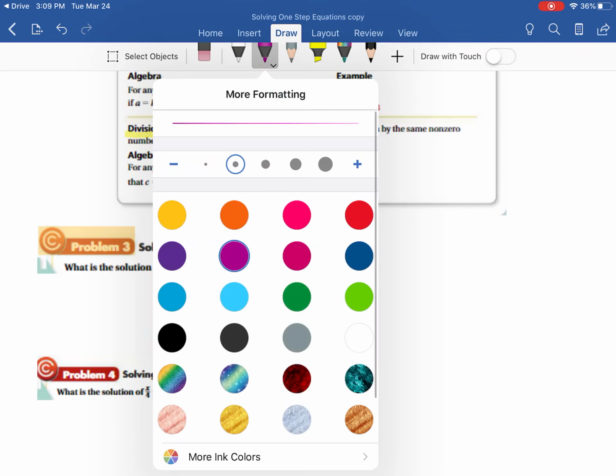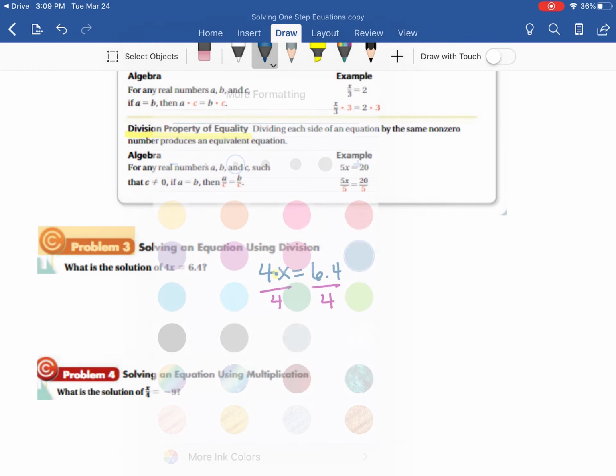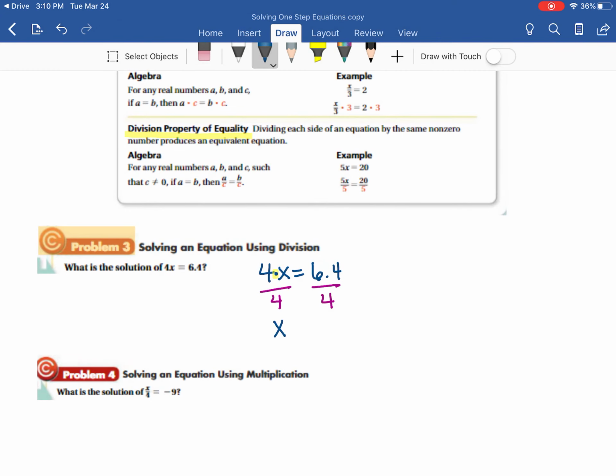So x equals 6.4 divided by 4. I think that is 16, or 1.6 rather. I'm going to check that on the calculator just to make sure. Yes, that is 1.6.